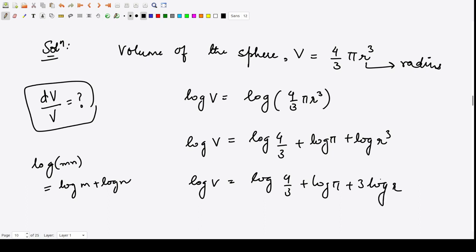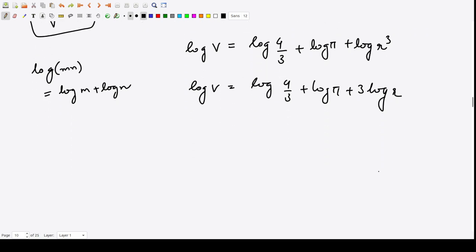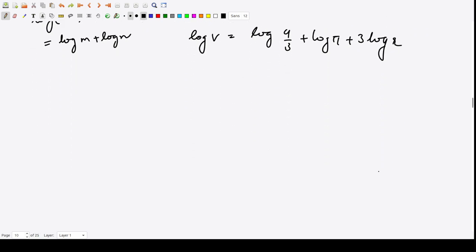Now we can differentiate the given expression. So how can we differentiate this? For differentiating the above expression, the derivative of log V would be 1 by V into dV. Then the derivative of log 4 by 3 would be 0. Derivative of log pi would be 0.